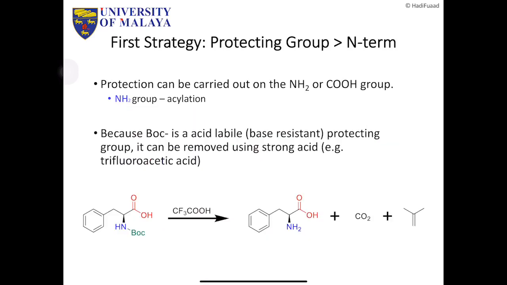Next, because Boc is acid labile, it is base resistant. So it can be removed using a very strong acid, for example trifluoroacetic acid. As you can see, the functional group is an amide.